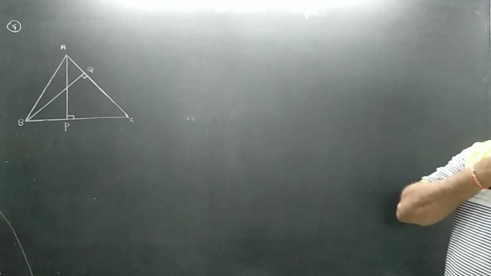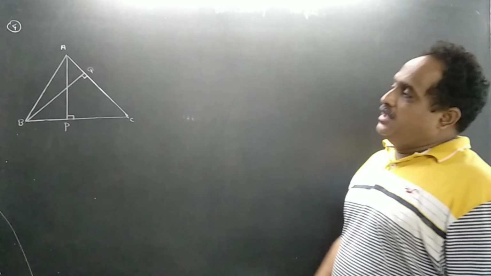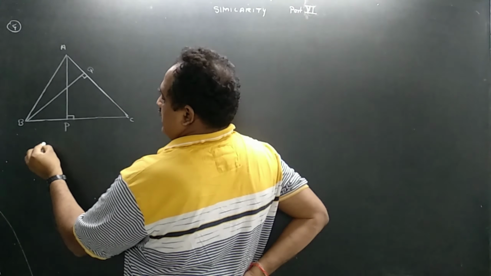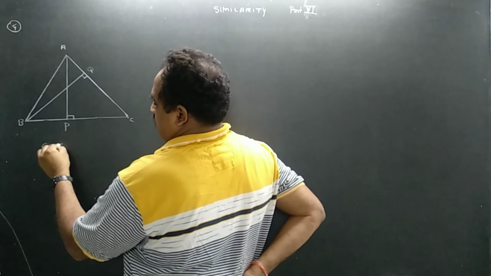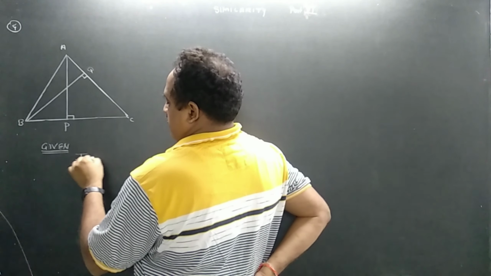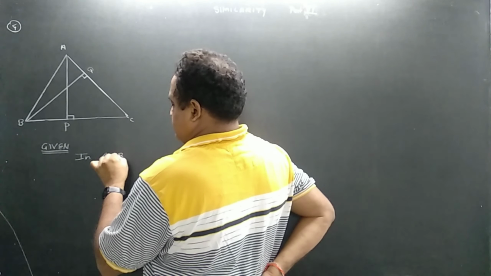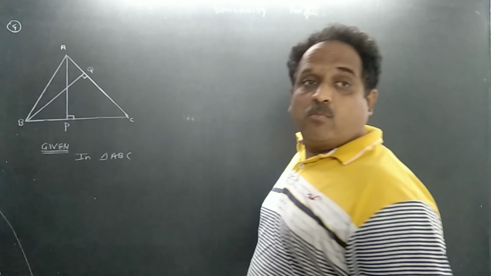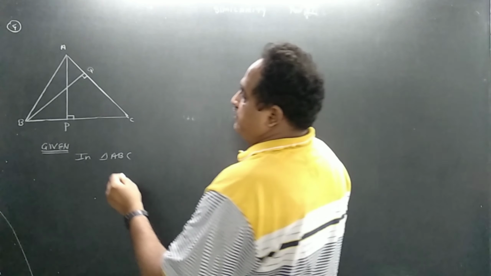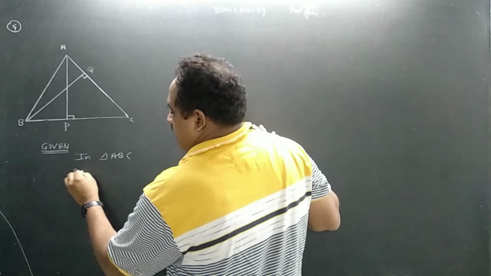The question number 4, this is the figure for it. Now, what is given to you? In triangle ABC, AB is perpendicular to BC.